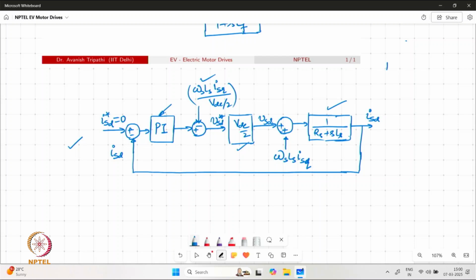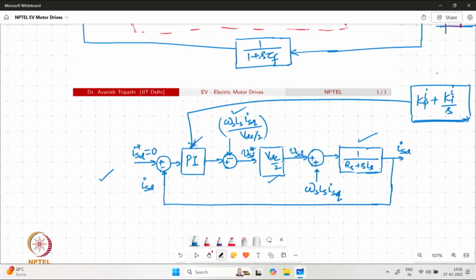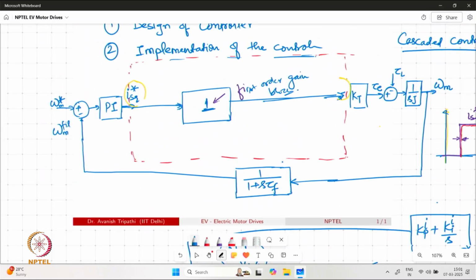So we can have the same value of Kp and Ki for the PI controller involved with the D axis controller. So this completes the design of the current control loop controller, and now we can proceed with what is suggested as the speed control loop.